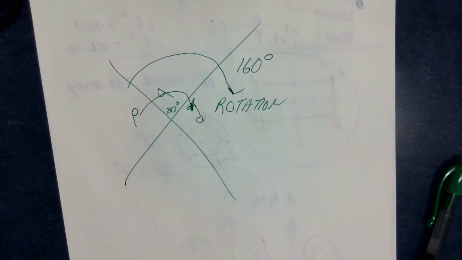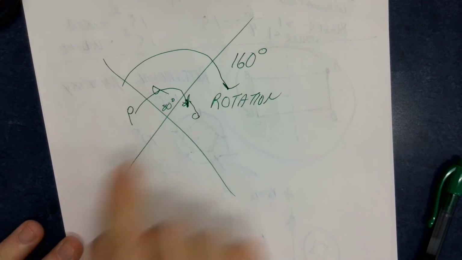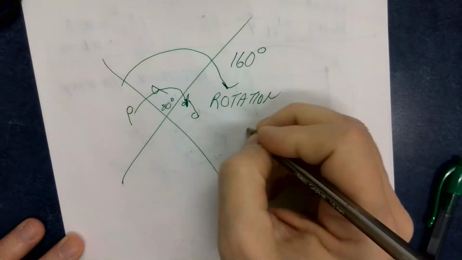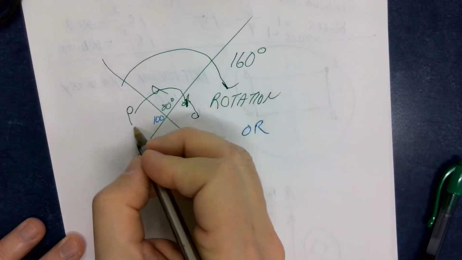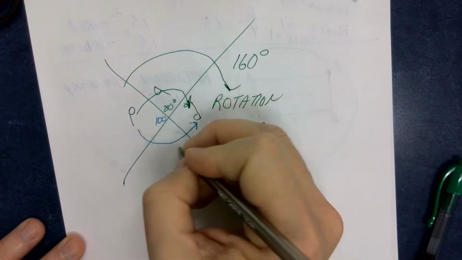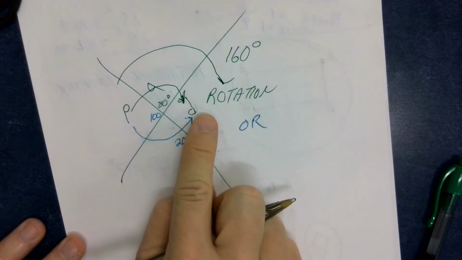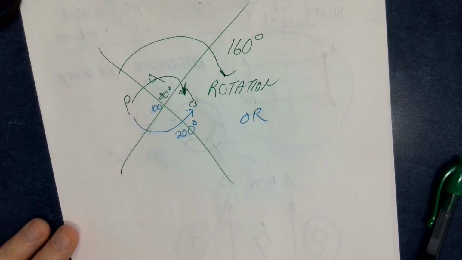So it's going to rotate twice as much as whatever the acute angle is. Is that okay? Now granted, if this is 80 degrees, it's going to rotate 160, or if this is 80, we know this is 100, it could actually rotate backwards 200 degrees, or double the obtuse angle in the opposite direction. So whichever way you want to think of that one.